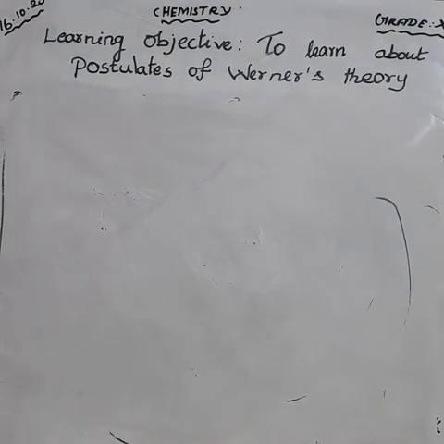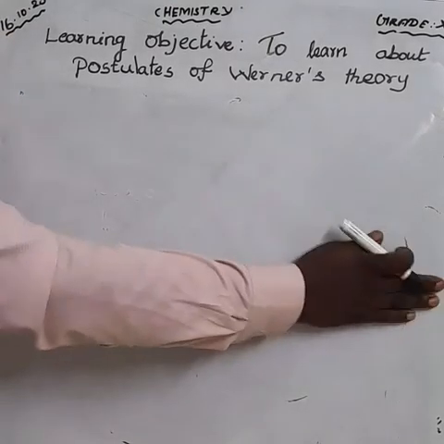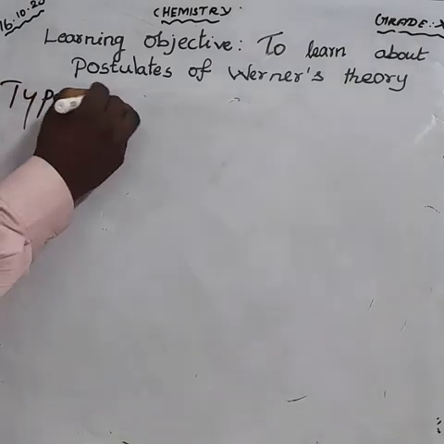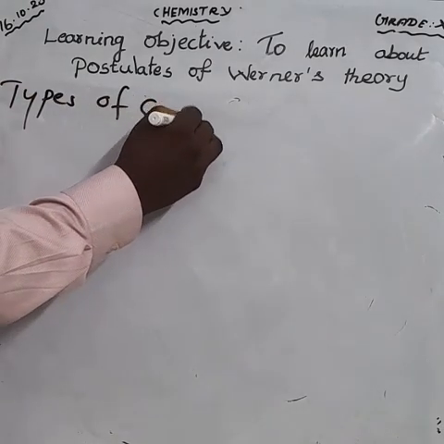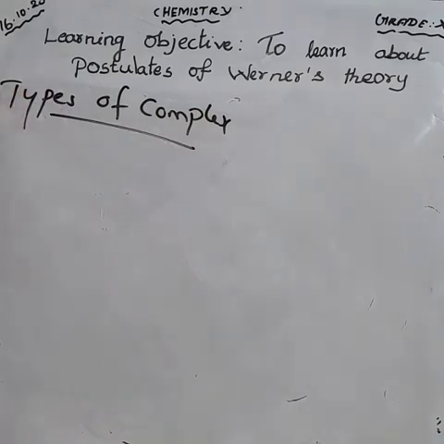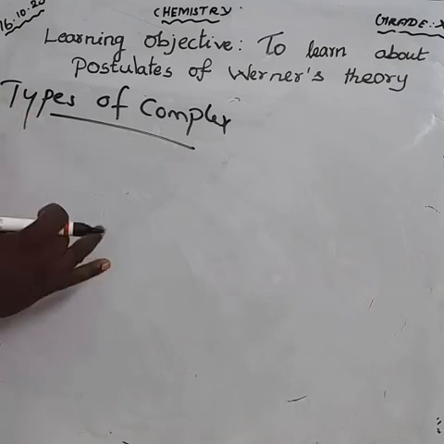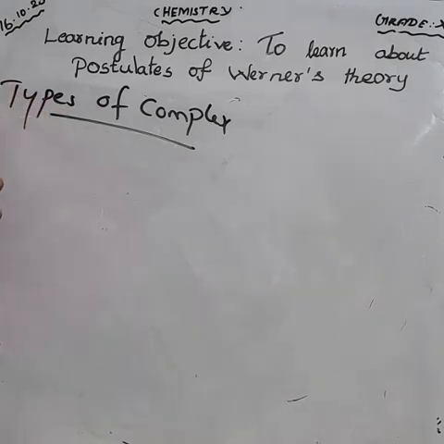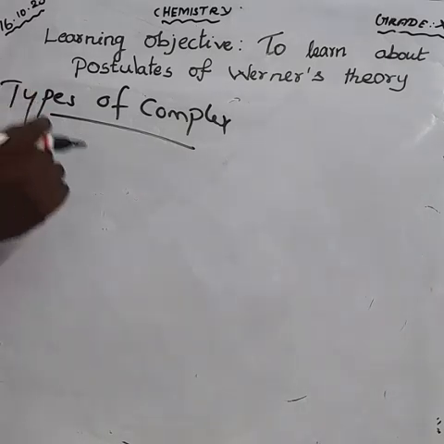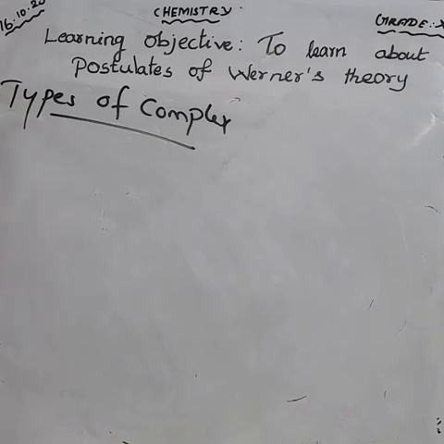Next, the types of complex. Types of complex means cationic complex, anionic complex and neutral complex. Types of complex are a classification based on the net charge of the complex.